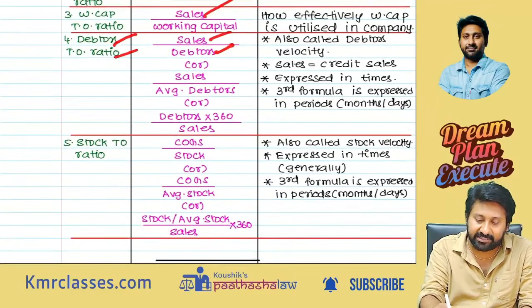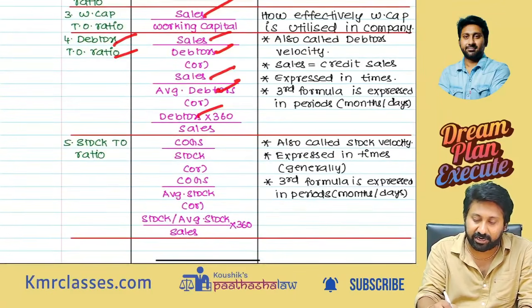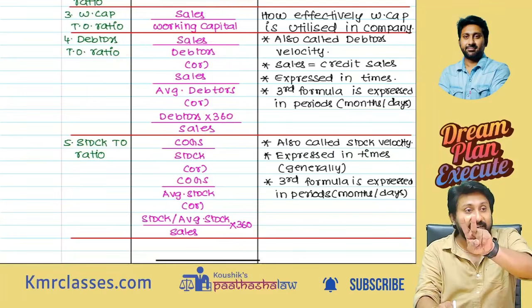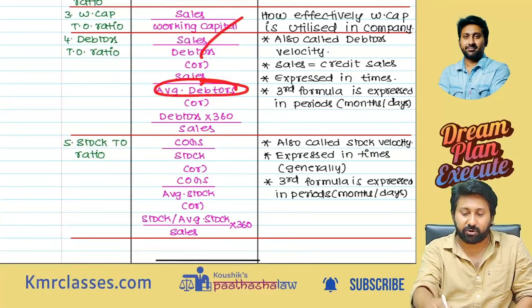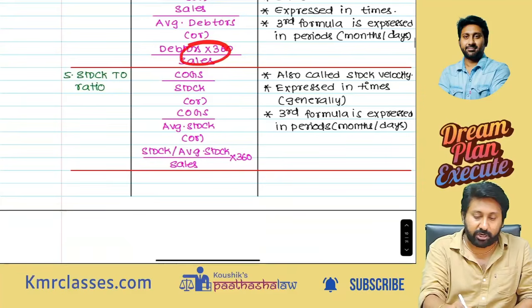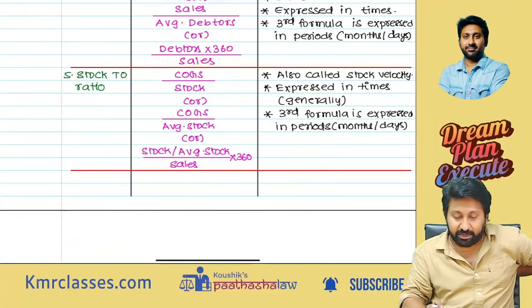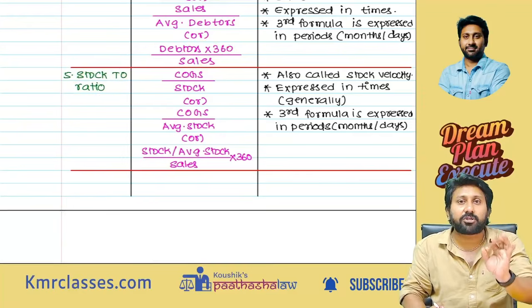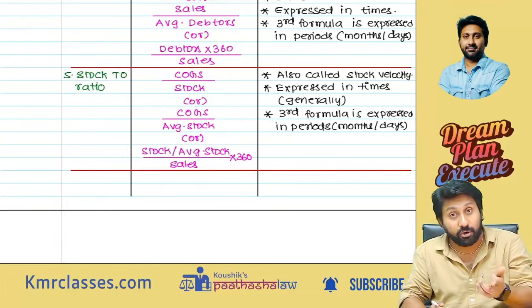Debtors: sales by debtors, or sales by average debtor, or debtor by sales into 360. Which one to apply? If two years' debtors are available, go for average, or else go by this. If days are asked, then go by this. Stock turnover ratio, very important from here. Whenever stock turnover ratio is given, check whether cost of goods sold is available or whether you can calculate it or not.